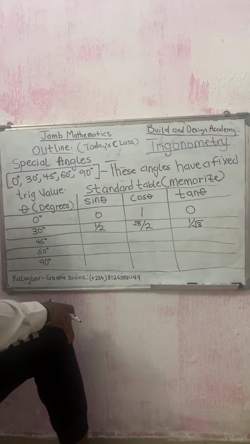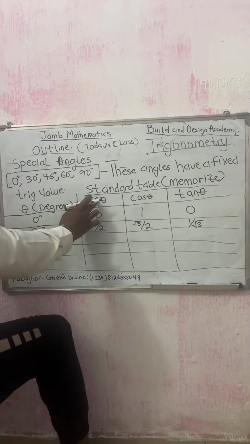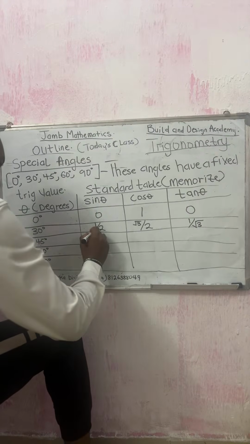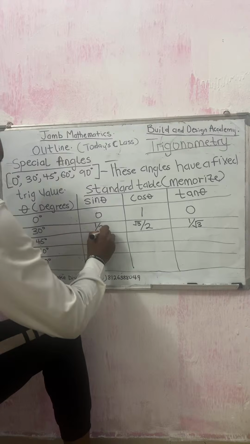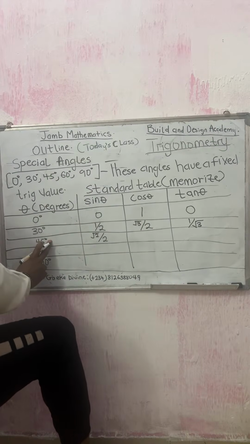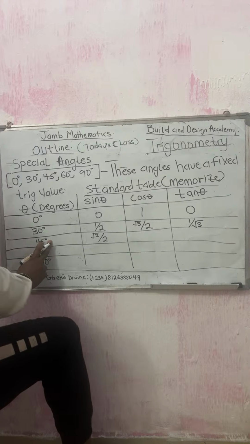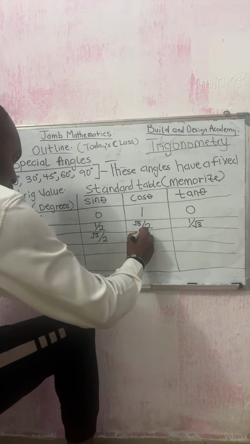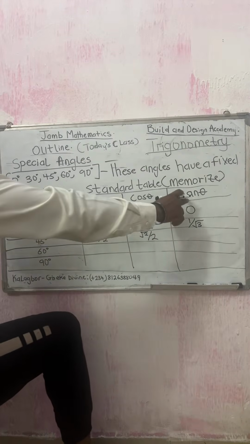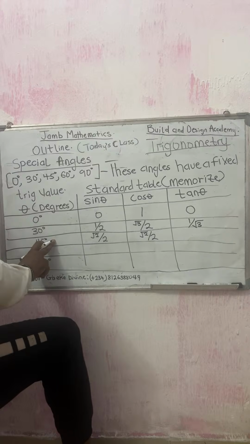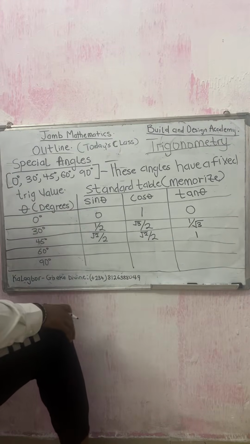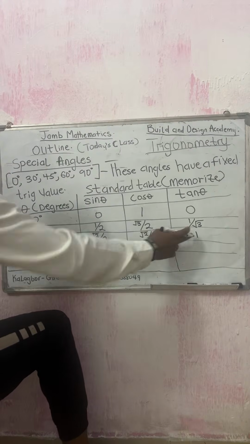Moving on, sine 45 degree will give us root 2 over 2. And cos 45 degree will give us also root 2 over 2. And tan 45 degree will give us 1, because if you divide this by this, you get 1.